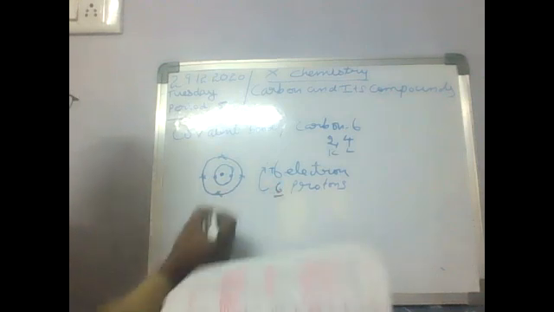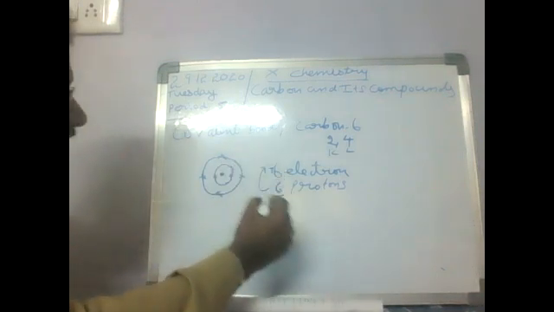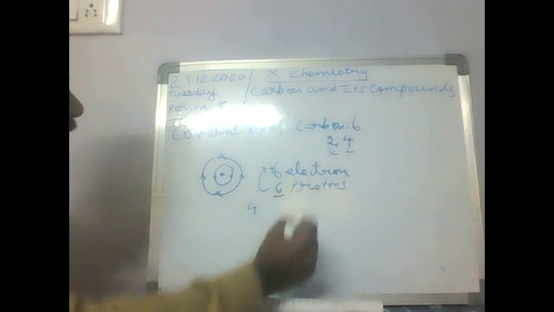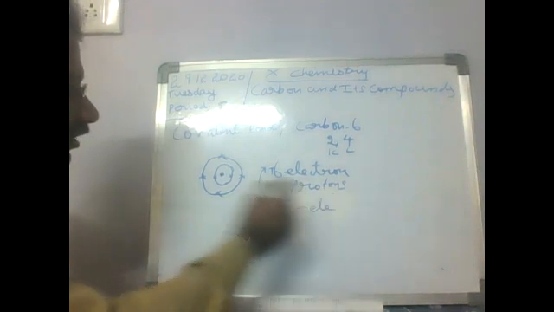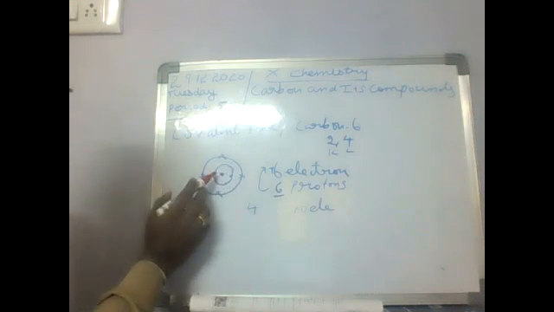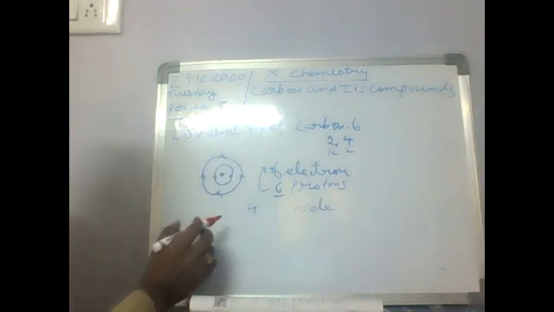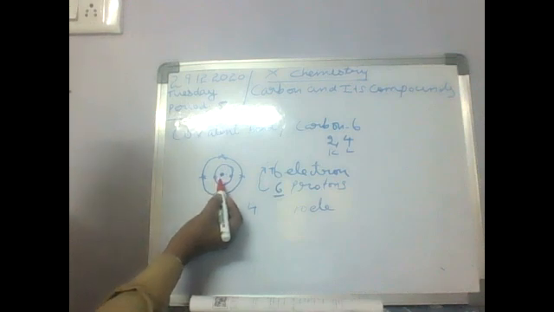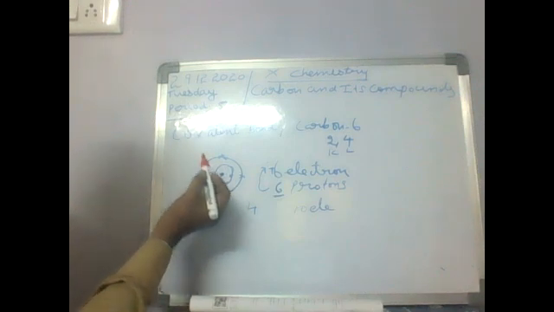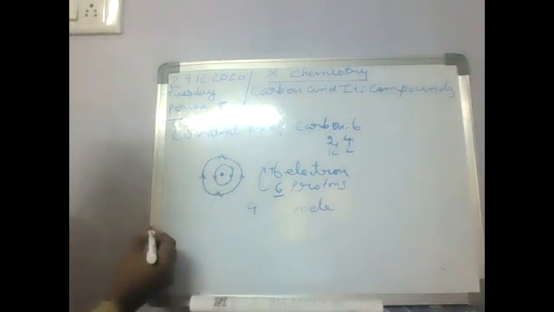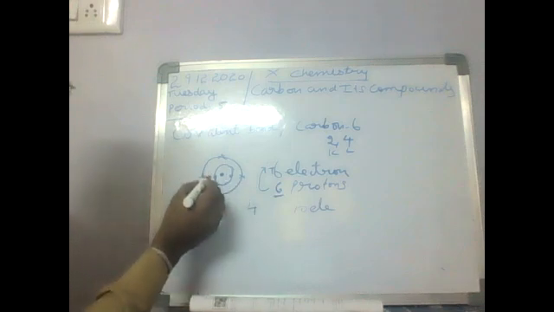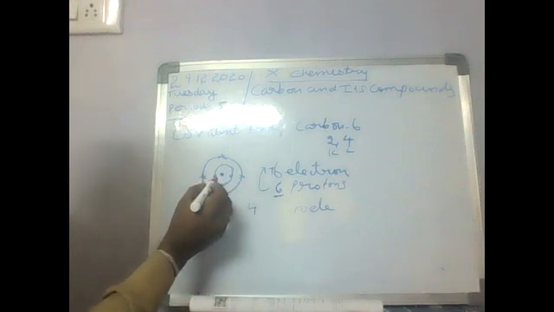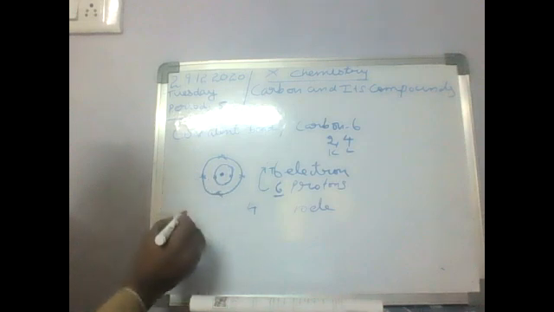If we add four more electrons, there will be 6 plus 4, that is 10 electrons, but the nucleus has only 6 protons. So the 6 protons cannot hold 10 electrons, and it is impossible for the carbon nucleus to gain 4 electrons.